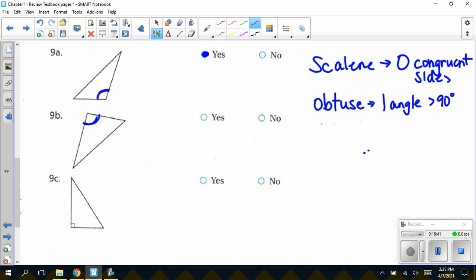So yes, this is also scalene obtuse. And for C, right away, my first thing that I'm noticing is there is a 90-degree angle down here in the corner. And because I have a 90-degree angle, I know it is not obtuse. So no, that is not scalene obtuse. It is still scalene, but it's a scalene right triangle.